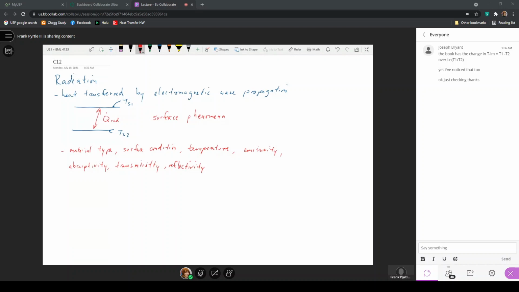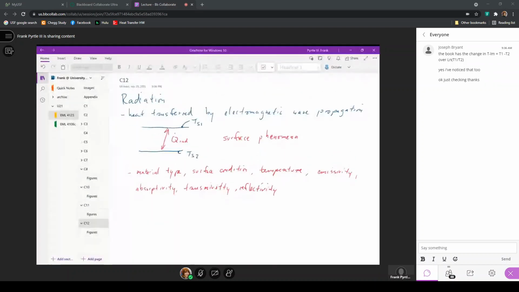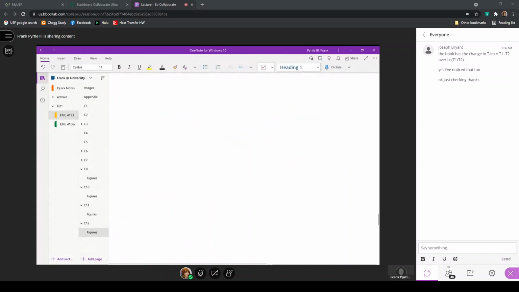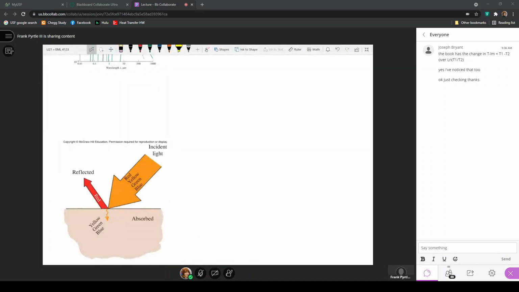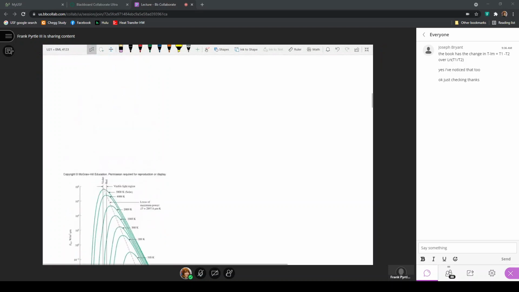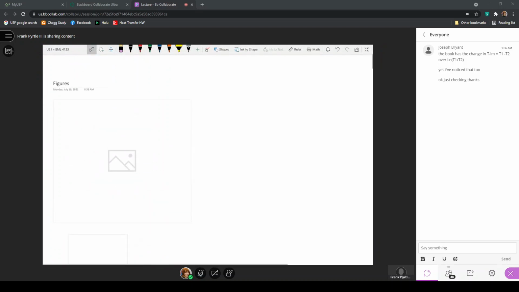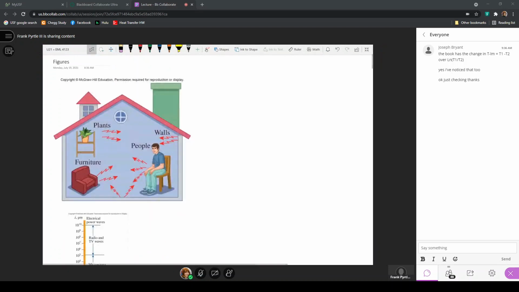Now, I'm going to refer to some figures because it's really hard to talk about radiation without the use of figures because we can't see those electromagnetic waves that are actually propagating the energy, particularly the thermal energy.